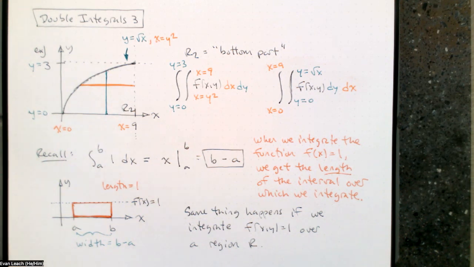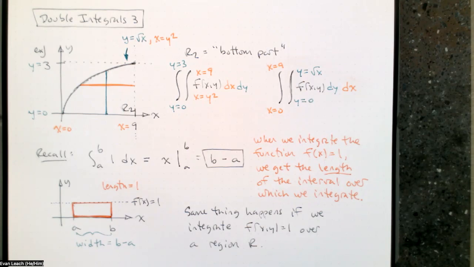The same thing is going to happen if we integrate the function 1 over a region R. Since our function is constant, we get to multiply. What our double integral is telling us is the volume under a surface and above a region in the xy plane.